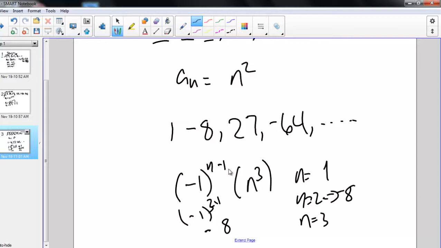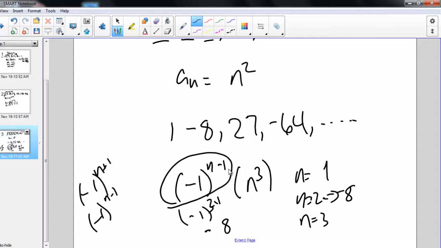So by putting negative 1 to a power of n minus 1 or n plus 1, those are all the same. It'll make it positive on the odd numbers and negative on the even numbers. Does that make sense? So this notation becomes how you deal with that positive, negative deal.